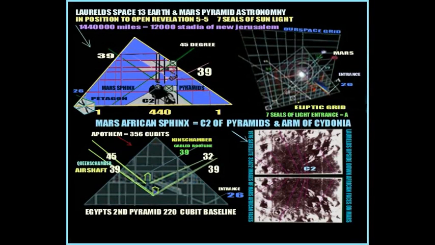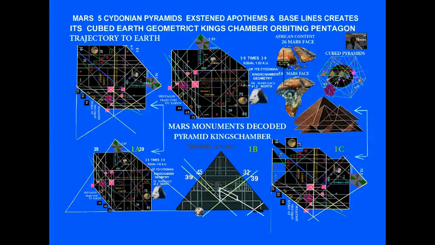What I've unlocked is the 5 Cydonian pyramids generate a 51-degree triangle. Within this triangle caused by the extensions of the apotems of the first 2 Cydonian pyramids, extending the apotems towards the 2 pentagons towards the baseline creates a 51-degree triangle.